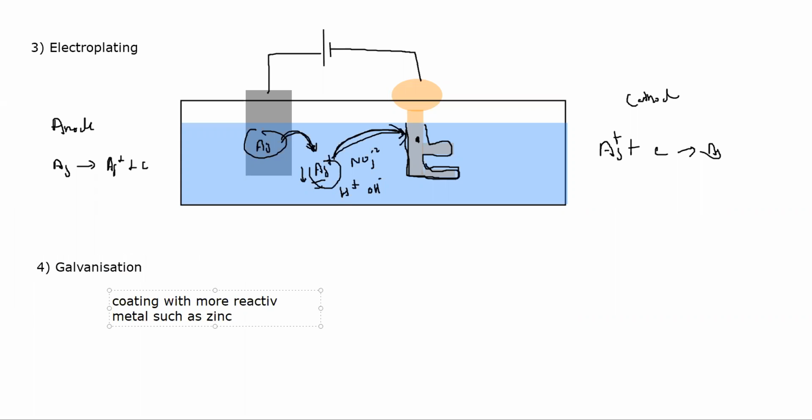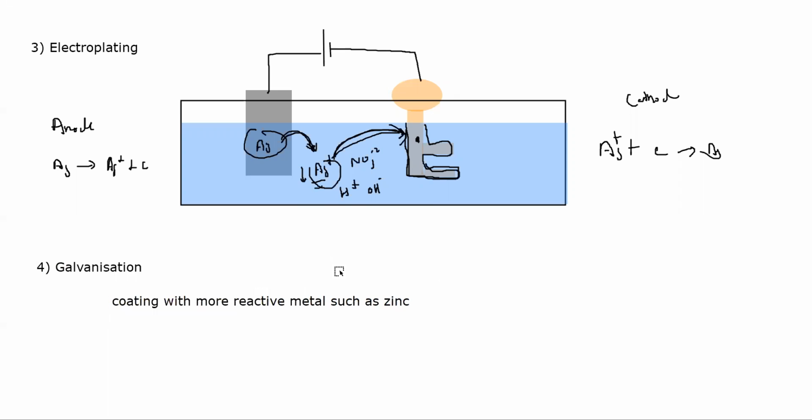So if we cover the iron with a more reactive metal, we use this to prevent rusting of iron. These are the methods to prevent rusting of iron. So if we coat with a more reactive metal, such as zinc, we call that galvanization.